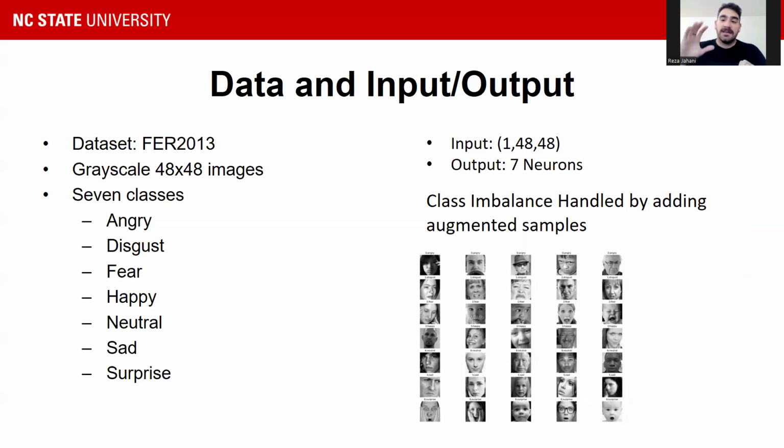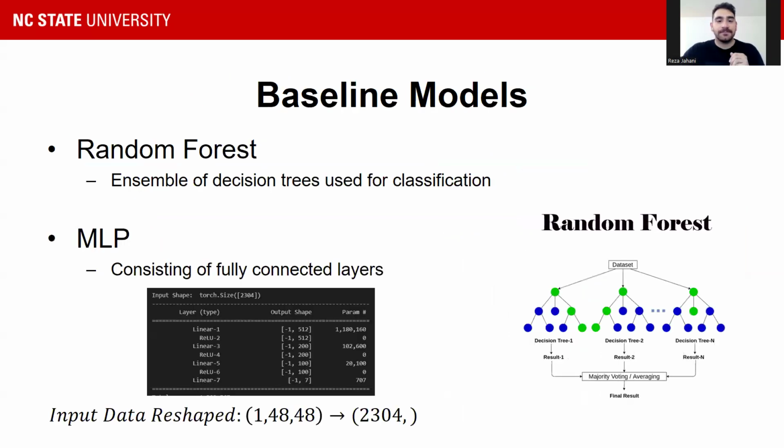So the input is 48 by 48, one channel, grayscale. In the end, we're going to have 7 output neurons, indicating which class a picture corresponds to. I have to say that we had a class imbalance problem, and we tried to solve it by adding samples using data augmentation.